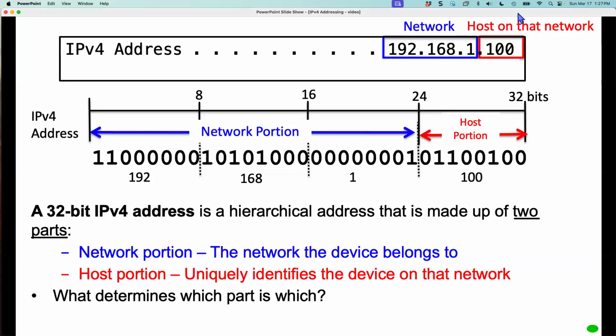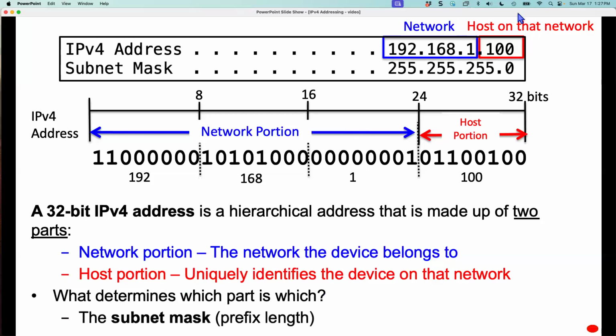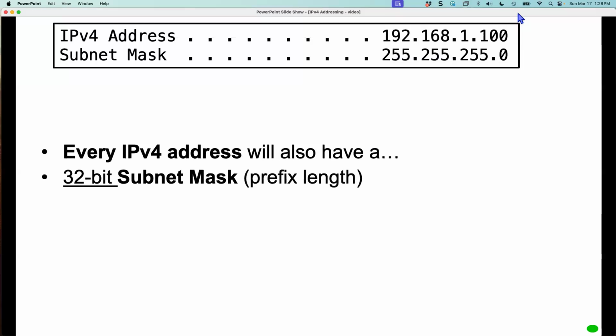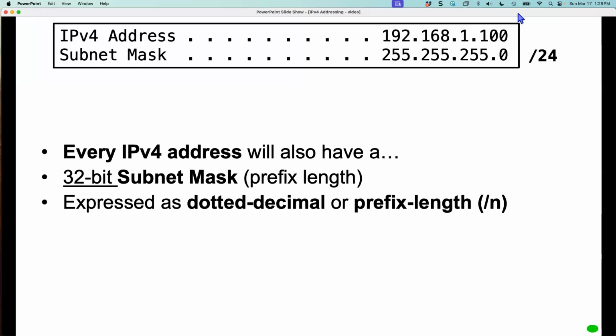Now, what determines what is the network portion of the address from the host portion? The subnet mask, also known as the prefix length. So every IPv4 address will also have a 32-bit subnet mask, also known as a prefix length. I'll talk more about that prefix length /24 in a moment.